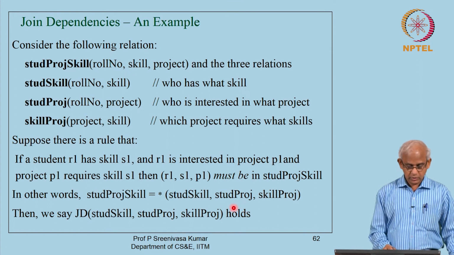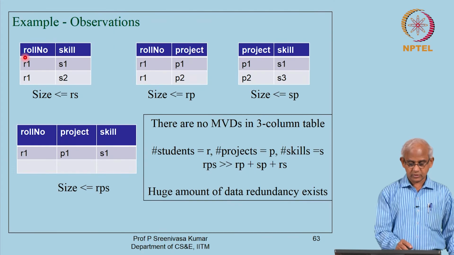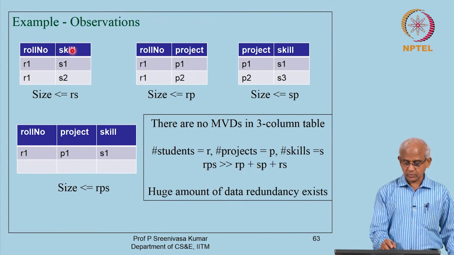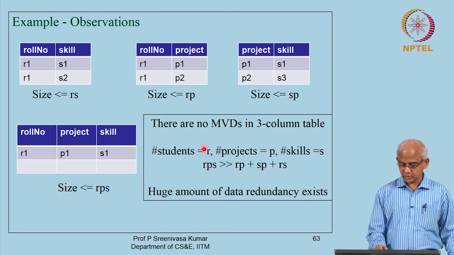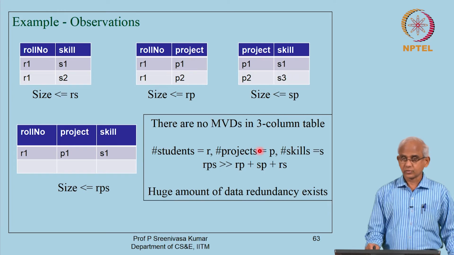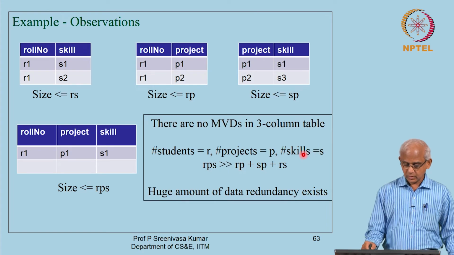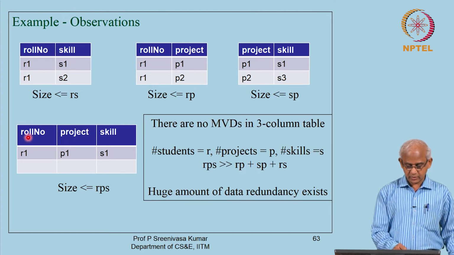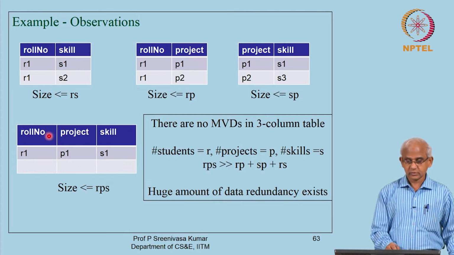Now, if you look at the actual data, like for example, these roll number skill, roll number project and project skill individual relations, let us say there are some R number of students and P number of projects and S number of distinct skills. Okay. And we will also notice that in this particular 3 column table, there are actually no multivalued dependencies.